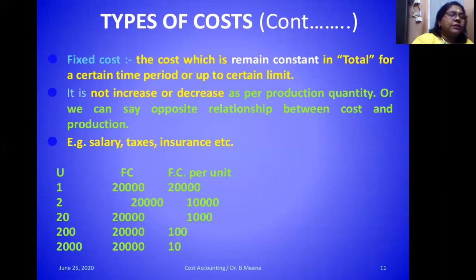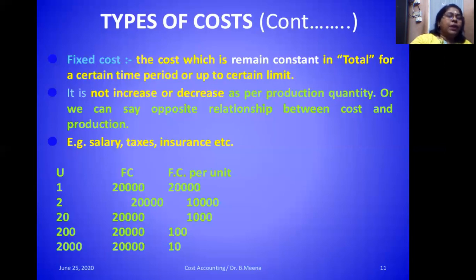So TFC divided by number of units. For the first instance, I produce only one unit, so 20,000 divided by 1. What is the fixed cost per unit? 20,000 rupees. In the second instance, when I'm producing 2 units, TFC 20,000 divided by 2, so the fixed cost per unit is 10,000.